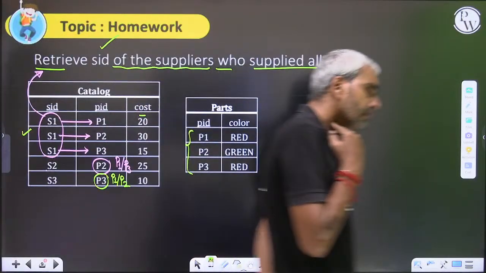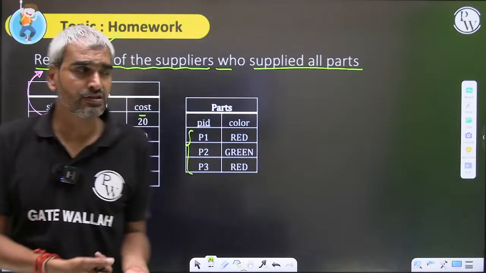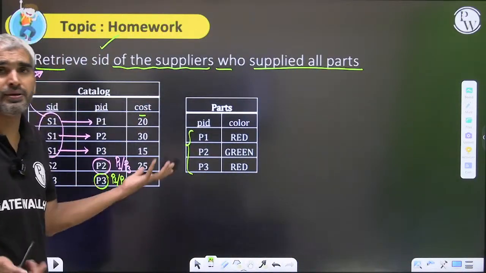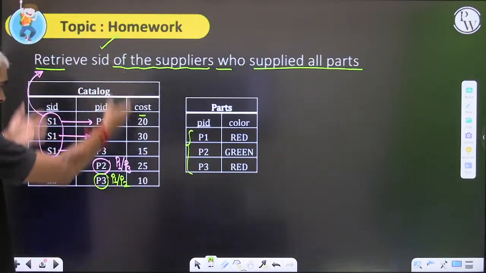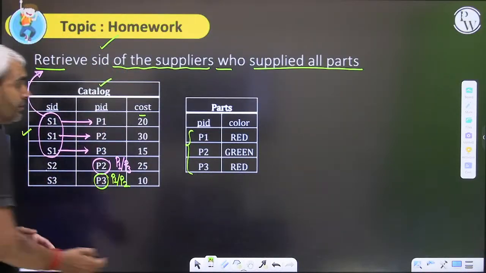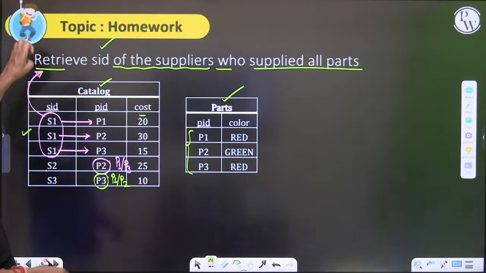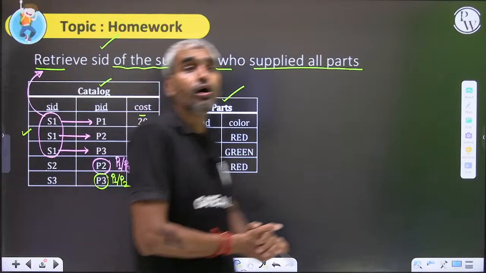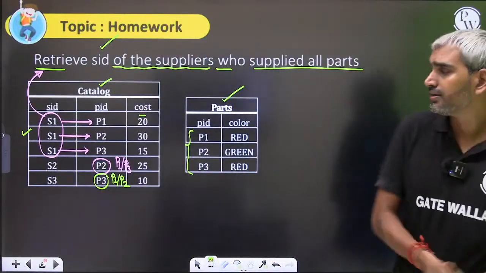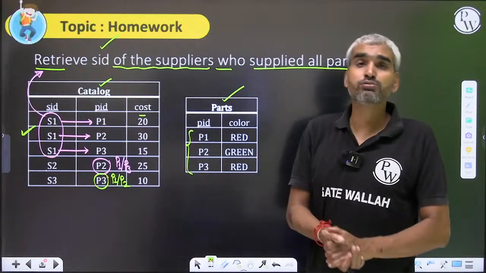Given a relational instance, if somebody asks you such a simple thing, it will be easy for you to answer. Given this instance of the Catalog table and this instance of the Parts table, if somebody asks what will be the SID of the supplier who supplied all parts, then definitely you will be able to say that the SID of the supplier is S1.